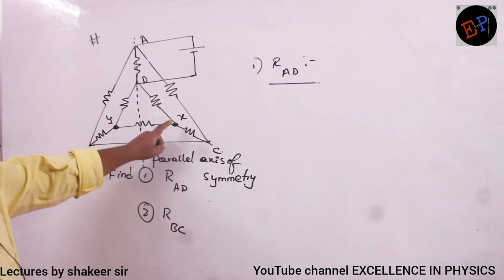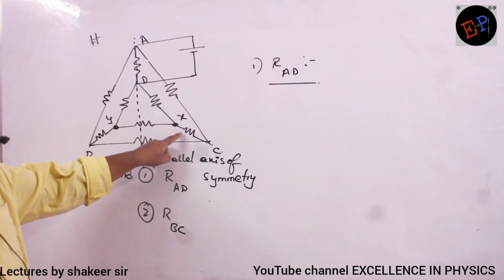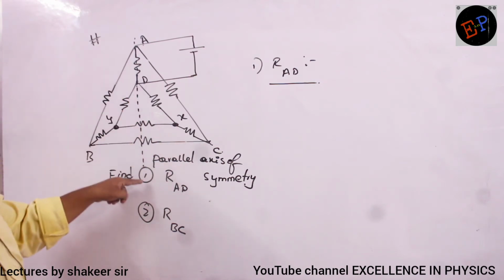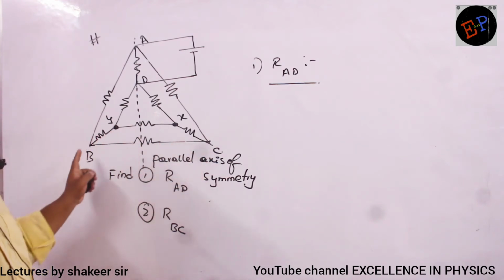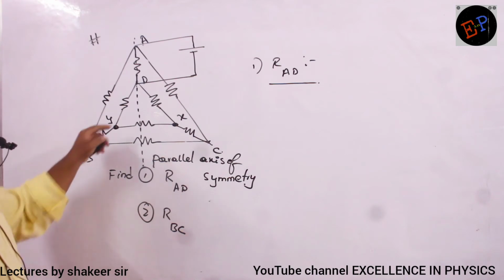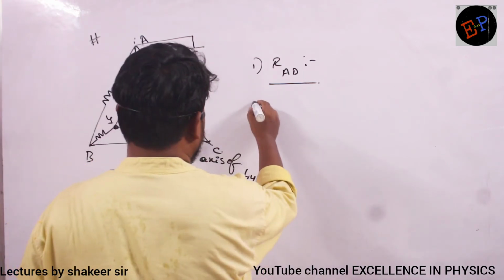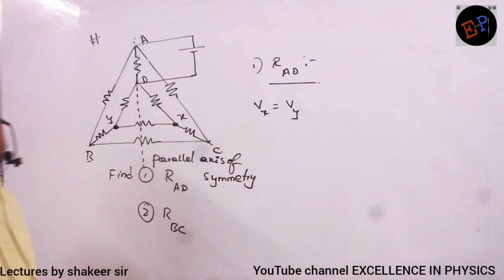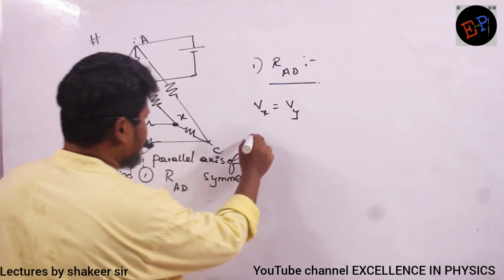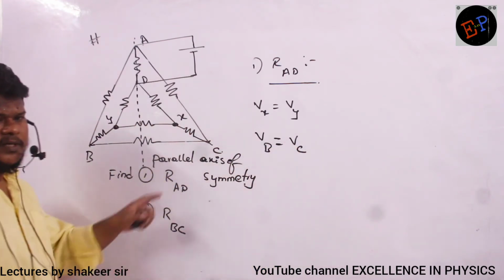So what is the positioning of X and Y? They are arranged symmetrically to this parallel line, no? Similarly, what is the positioning of B and C? They are also arranged symmetrically to this parallel line of symmetry. So therefore, what I say is that potential at point X must be equal to potential at point B. Similarly, potential at point B is equal to potential at point C. Why are these points equipotential?